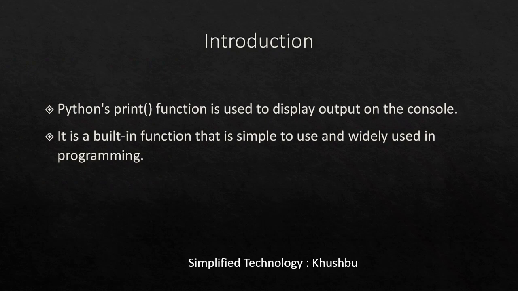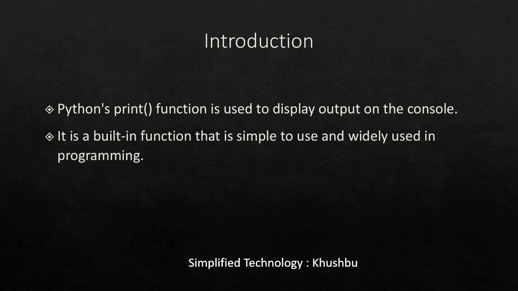So Python's print function is used to display output on the console. What is the console? Console here means the screen where you can see or read the output. It is a built-in function. Built-in function means its definition is already created by the developers of Python, and its definition is already stored in the libraries of Python.